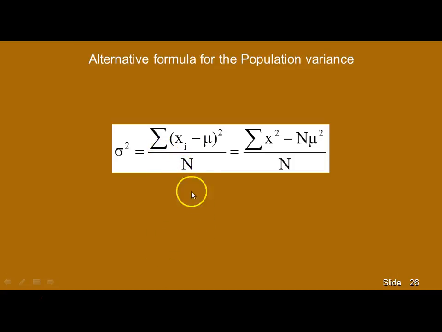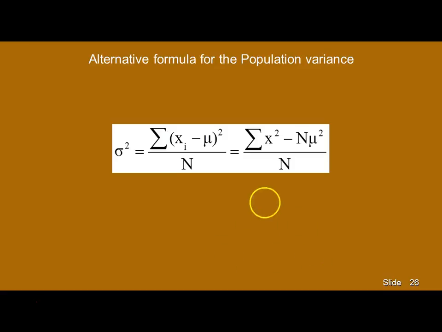You can show with some mathematics that if you squared out this numerator and played around with it algebraically a little bit, you'd get the term on the right: summation x squared minus n mu squared, over n. In either formula, there's some work to do in the calculation, and it's not an easy thing to calculate. It will help to have a calculator do some of the work for you.